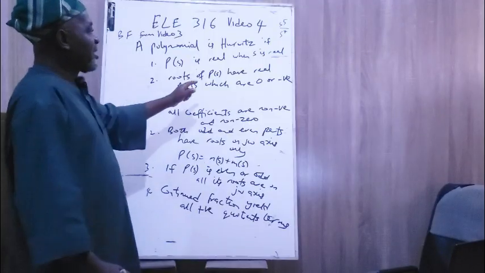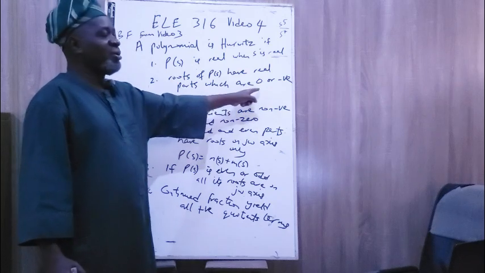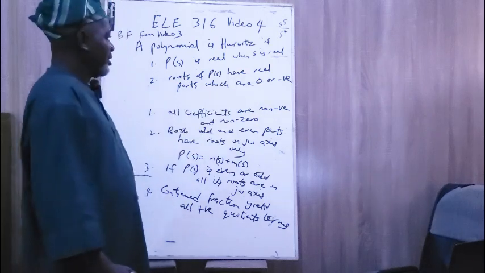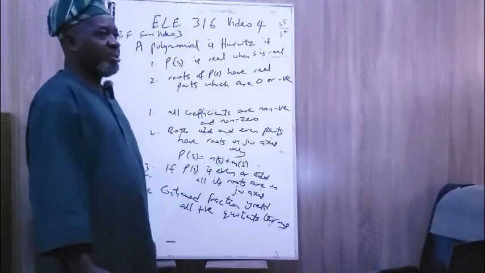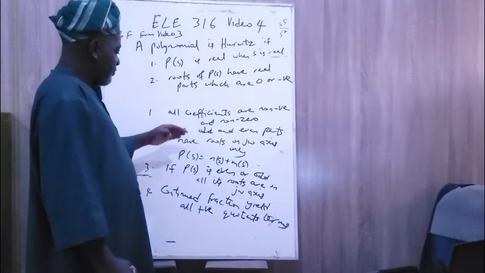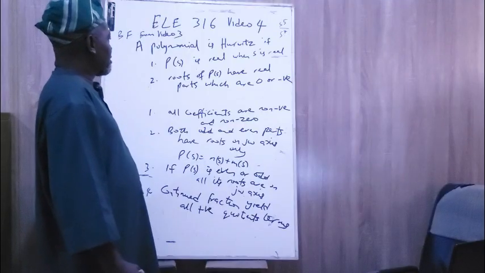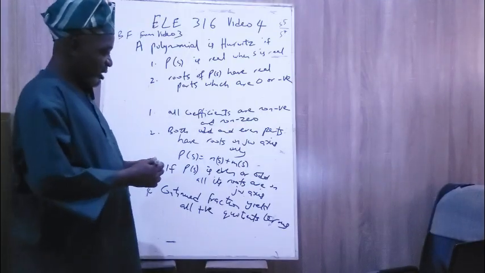Also, the roots of P(S) must have real parts which are 0 or negative. It must not have a pole on the right. The pole should be to the left. Now, we have some other conditions for a polynomial to be Hurwitz.